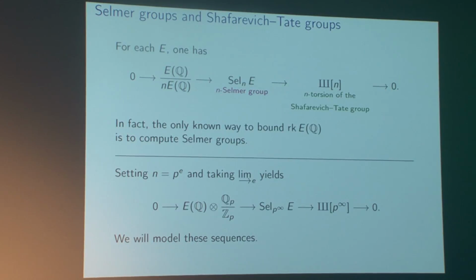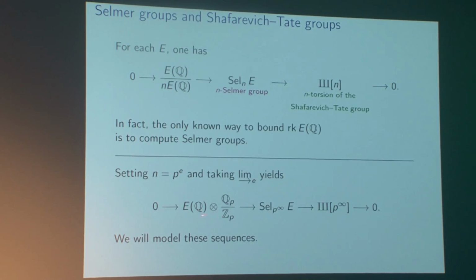Anyway, what you can do is let n run through powers of a fixed prime p, and that way you can get potentially better and better upper bounds on the rank. And you can take a direct limit and package all these groups together and get this exact sequence where you have the p^∞ Selmer group in the middle, which by definition is the direct limit of the p^n Selmer groups.